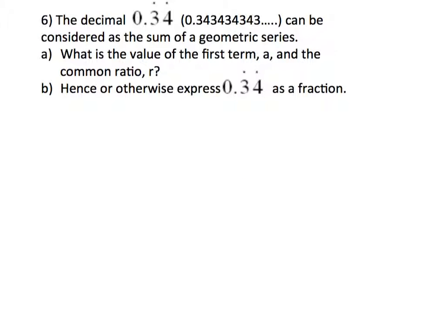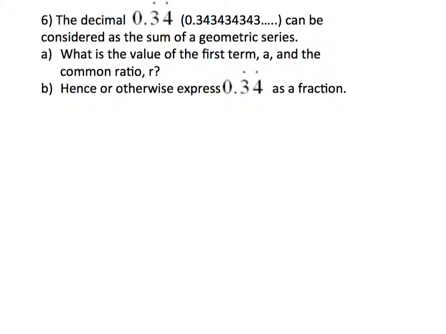And one last example, we've got recurring decimals. You probably remember changing recurring decimals to fractions back at the beginning of year 11. I said there was another way of doing this, and this is the way. The decimal 0.34 repeater can be considered as the sum of a geometric series.